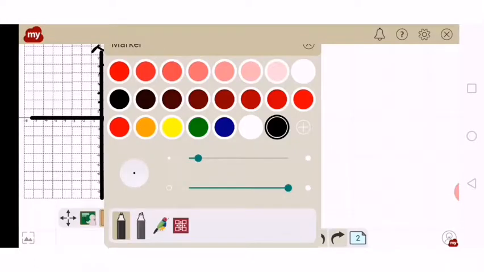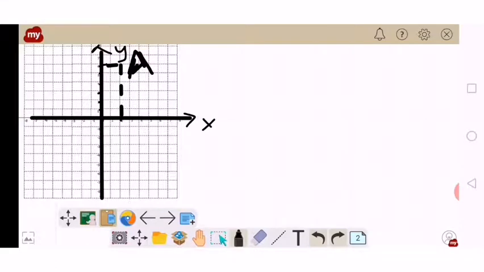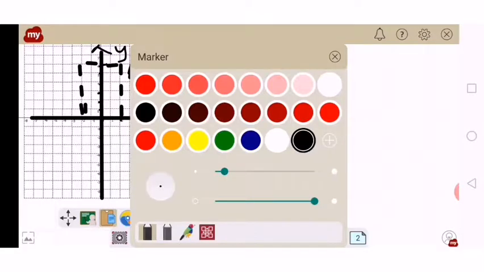Then we find 2 units from the y-axis on the vertical line, and directly you can find that this is also a point, and I will name it point B. Here we have point B.